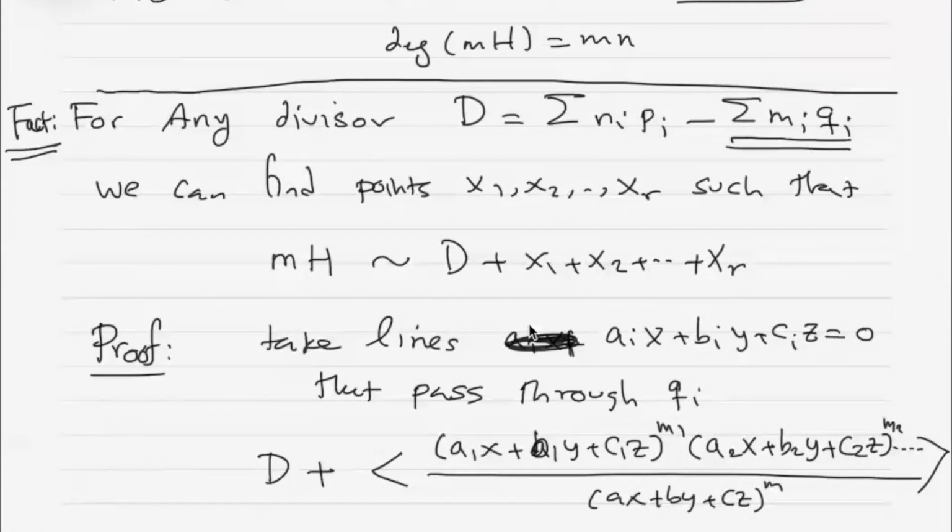So that this really becomes a function. Because if you want to define a function on CP2, you have to have a quotient of two homogeneous polynomials of the same degree.